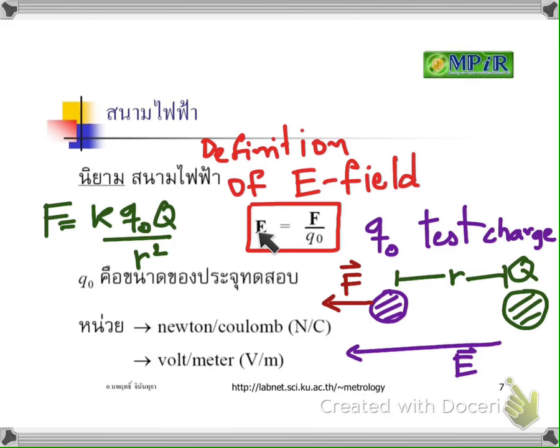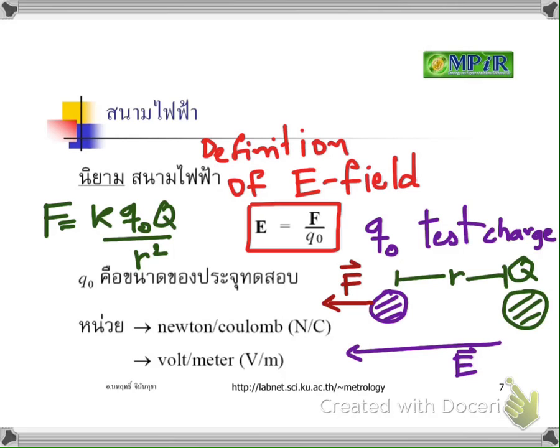And this is the definition of the electric field. And here I show the example of the point charge. But this definition can be used in every case. Meaning that this is a general definition of the electric field. That is, the force on the test charge divided by the amount of the charge is the electric field. Okay?